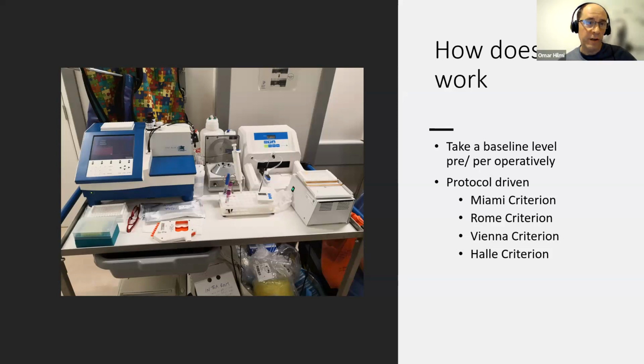Now, the principle behind it was you took your sample pre or perioperatively, you took the specimen out, and you then repeated the sample at somewhere like 10 minutes. Now, there are various different criteria that are used for assessing this. There's the Miami criteria, which is what we currently use, but other areas use the Rome criteria, the Vienna criterion, or the Halle criterion.